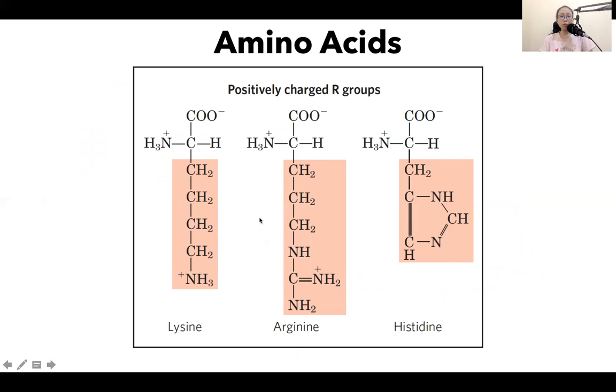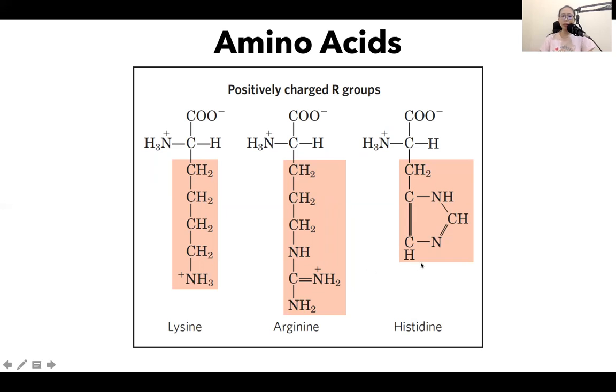Next, we have the positively charged R groups. So these are also polar, but the polarity of the amino acid is due to the charge of the side chains. So we have lysine. We already saw lysine a while ago. We have arginine and we have histidine. So the positive charge is due to the nitrogens in the side chain. The lone pairs of the nitrogen can actually accept a proton, and this gives the positive charge.